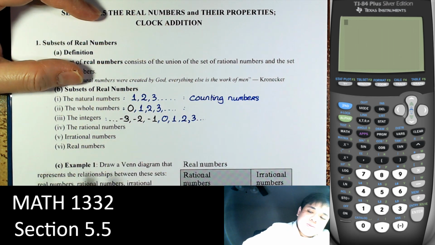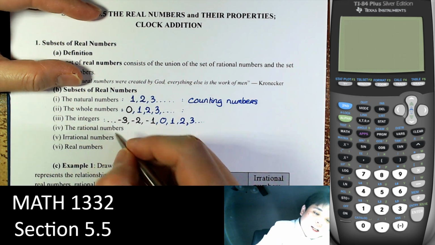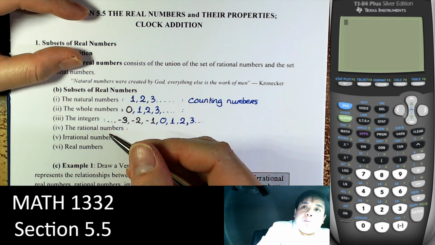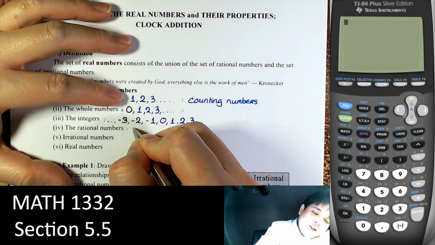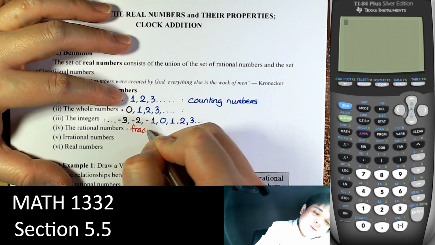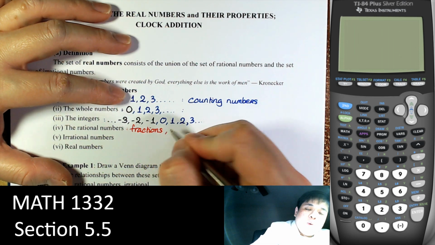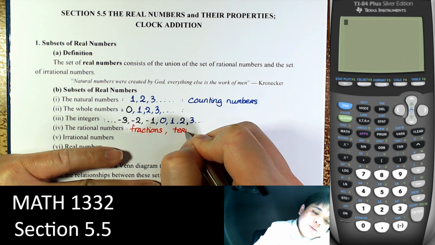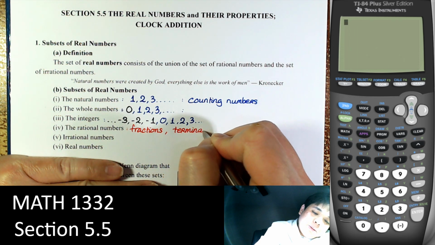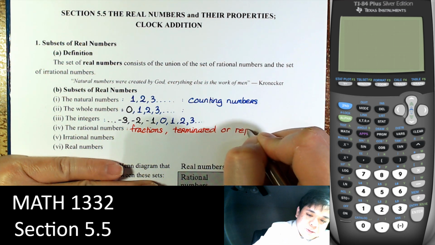Rational numbers, of course everything here, and we can say anything can be put as a fraction. So just say fraction. If we write in decimal, it is terminated or repeated decimal.